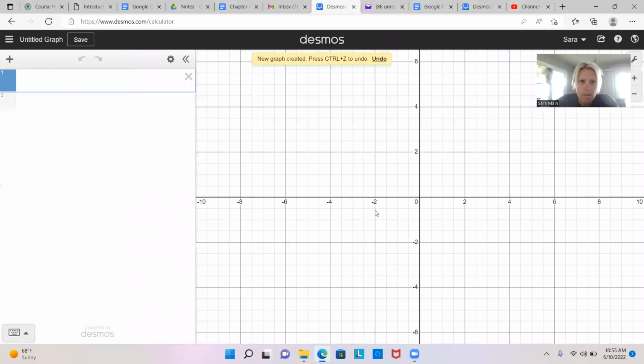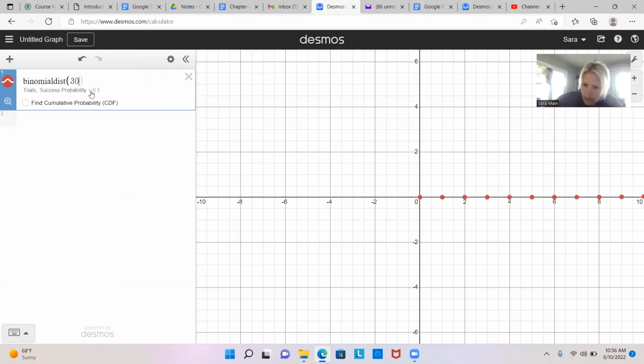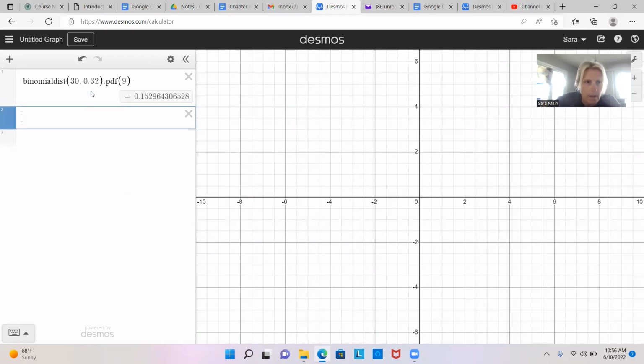Binomial distribution of 30, 0.32, and then I'm going to do dot PDF because we want to know exactly 9, is what they said. So it looks like the likelihood of exactly 9 of them participating in a volunteer program is 0.15296, or approximately 15.3%.